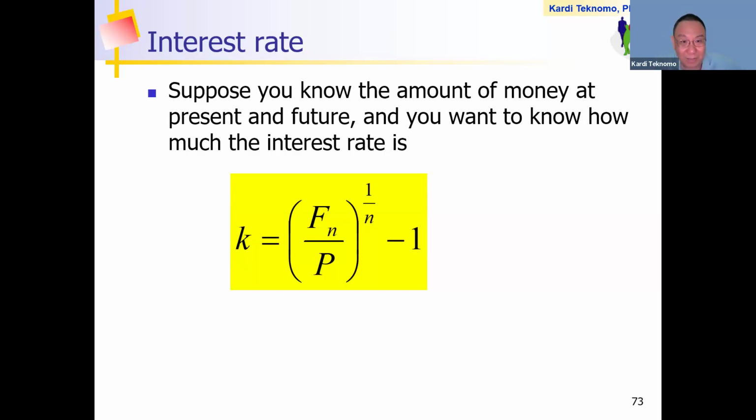The interest rate is the inflation rate, the same thing. So 2024 minus 2005. How many years? 19 years? So N is 19, F is 12, and P is 4. What is K?